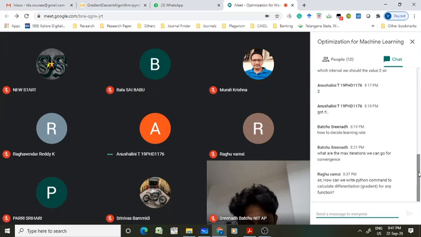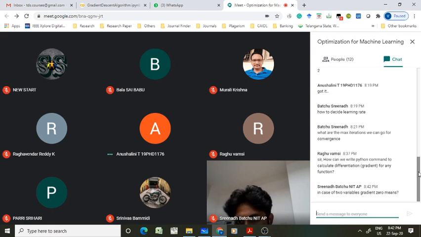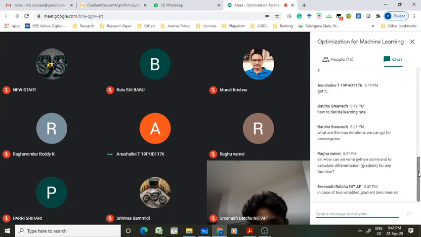You have to choose a large number of iterations and run the algorithm, because generally these algorithms are used during the training process, and training is done offline, so you have ample time. How much time it takes is not an issue, but you have to train the model properly. If the model is trained properly, you get good accuracy. If you are not satisfied with the accuracy, then you have to train again, and you can increase the number of iterations or change the learning rate. These are the parameters you can tune until you achieve the accuracy.